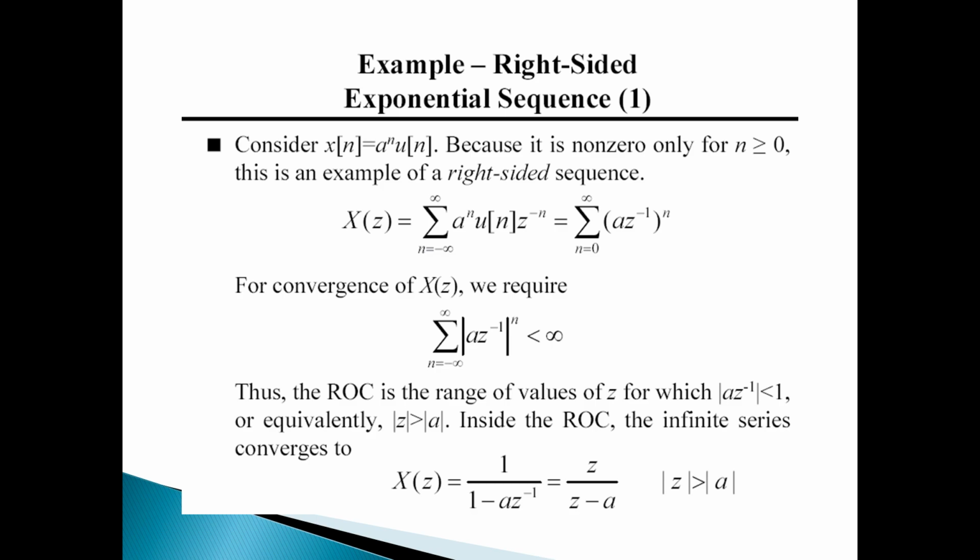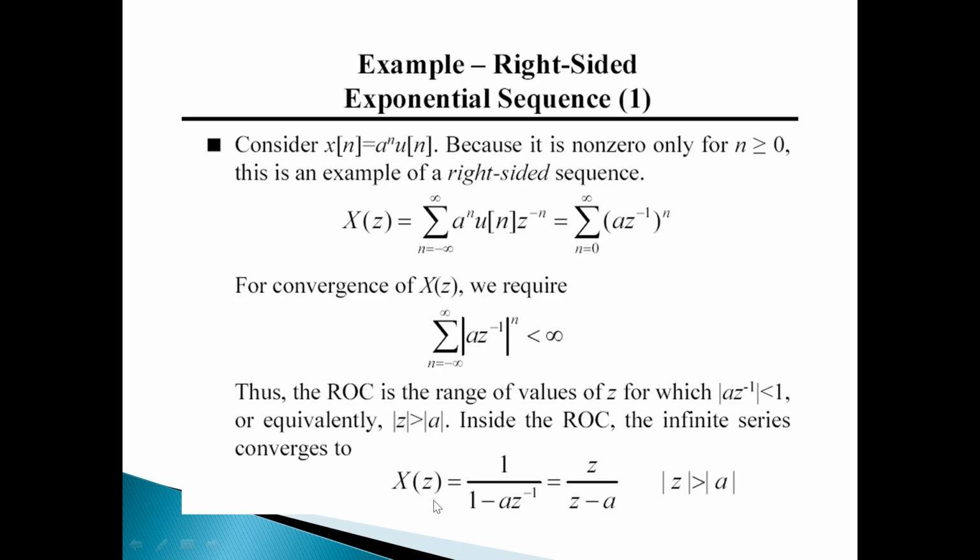In place of x[n], we have substituted the value a power n u[n], and it is equal to n equal to 0 to infinity. Why? The unit step function is applicable only between 0 to infinity. So summation n equal to 0 to infinity (a z inverse) whole power n.